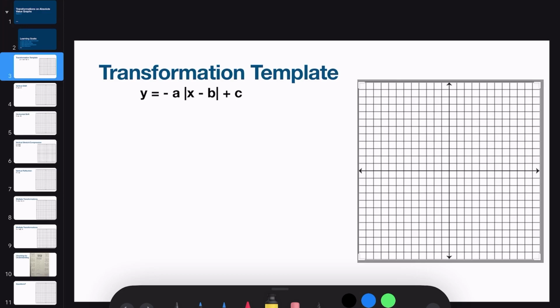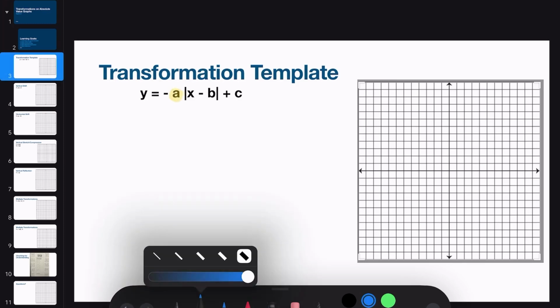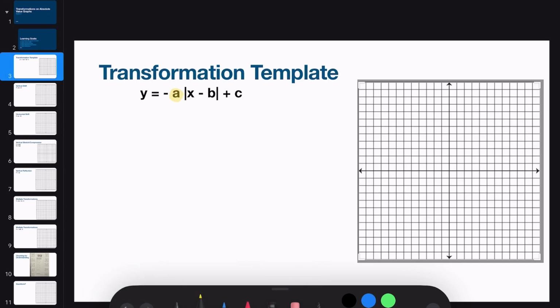So let's start breaking this down. Our first one is, let's look at this A value. This A value is going to be our compression or stretch.